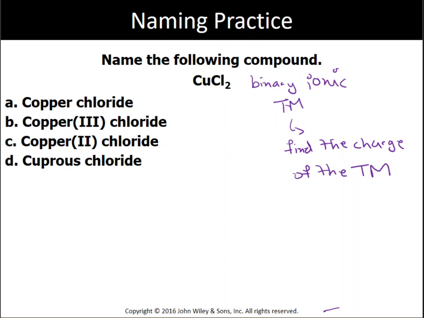So you have 2 chlorides, and each chloride is a -1, which gives you a total of -2, plus the charge of the transition metal gives a net charge of 0. So if this is -2, it means your copper has to be +2. So we name this as copper(II) chloride.